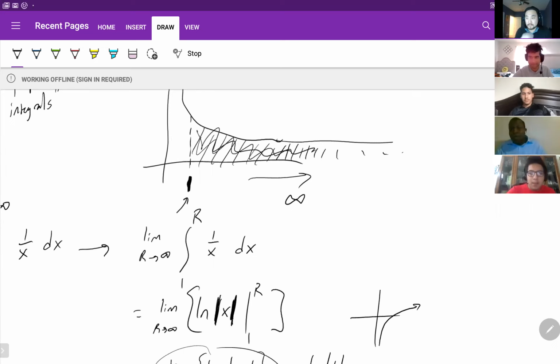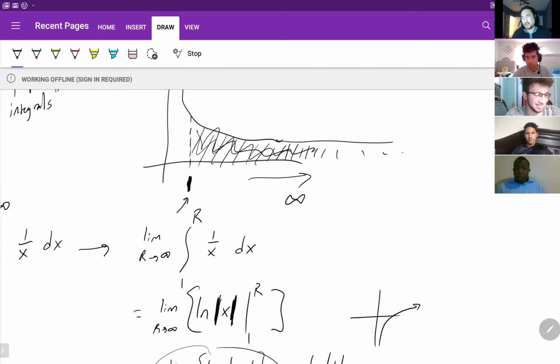So we're talking about in the case of a single line. If we were talking about the area of a shape with two lines, then it would be finite, wouldn't it? I don't know what you mean by lines.